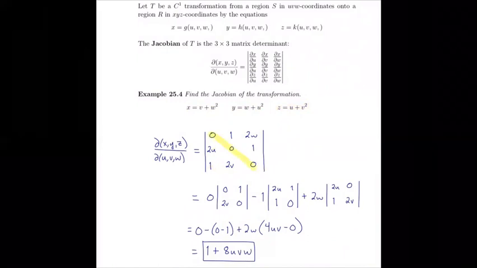Again, we can use the diagonals method if we like for a 3x3, or I've used cofactor expansion along the top row. This is where I take each element of this row and multiply it by its submatrix. So for the 0 element, I omit this column and this row, and I multiply that 0 by the determinant of the remaining 2x2 matrix.